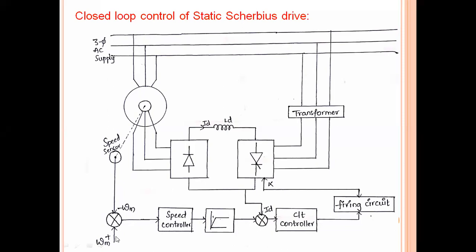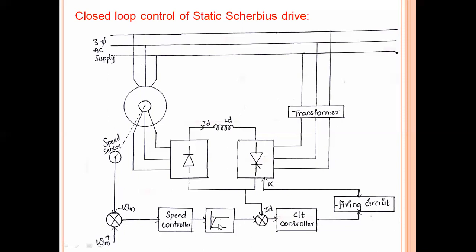When the actual speed and the desired or reference speed are very near, this limiter desaturates. That means the value which comes from the speed controller is within this limit only.